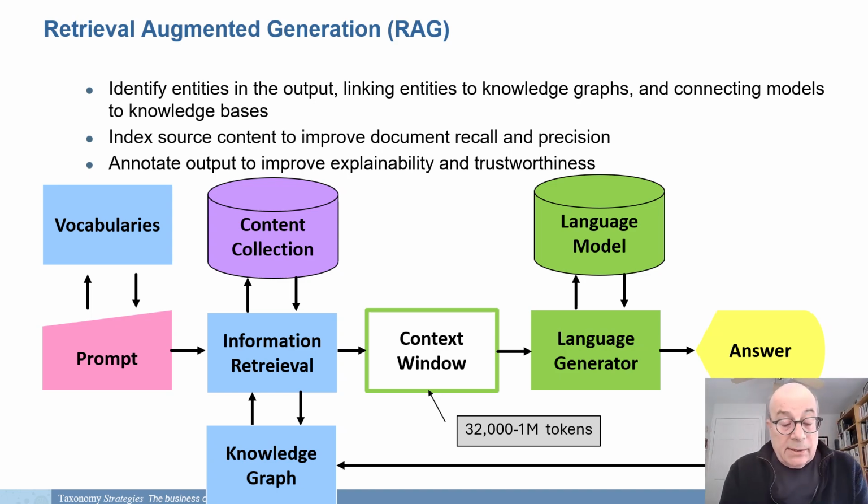In this context, vocabularies can also be used to guide language generation results by identifying entities in the output, linking entities to knowledge graphs, and connecting models to knowledge bases. It can index source content to improve document recall and precision, and we can annotate output to improve explainability and trustworthiness.